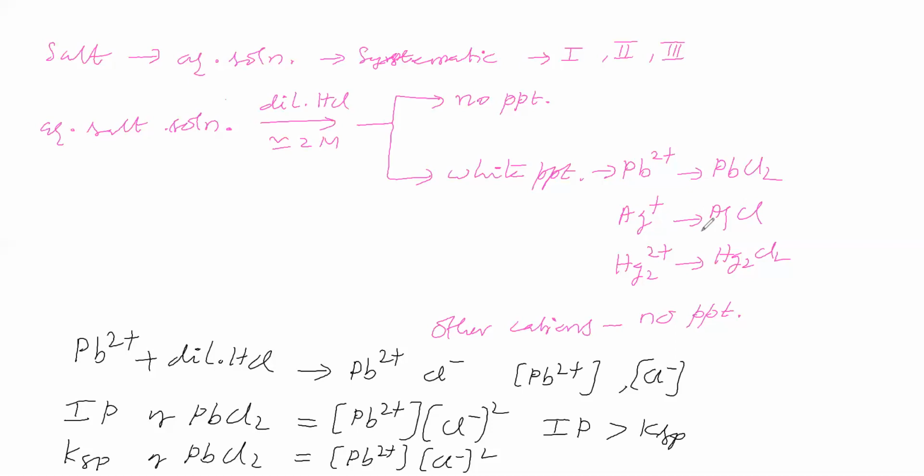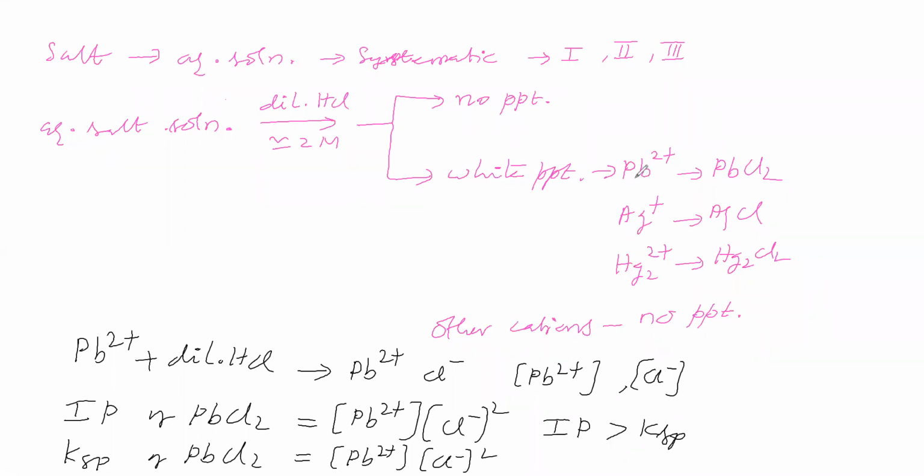In the same way for mercurous. For other cations, ionic product is less than solubility product, therefore precipitation is not possible in group 1. Only these cations in group 1 are precipitating because for these, ionic product is greater than solubility product.